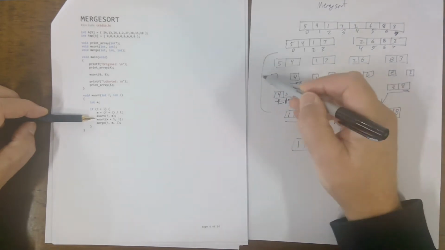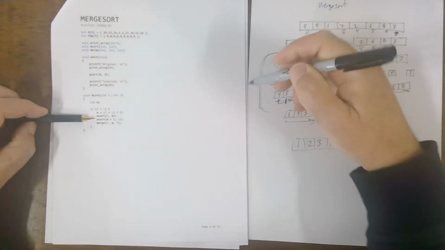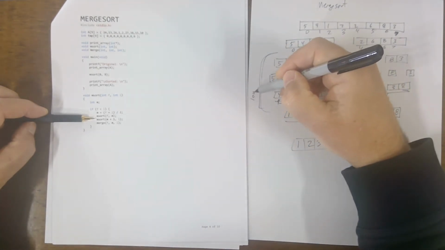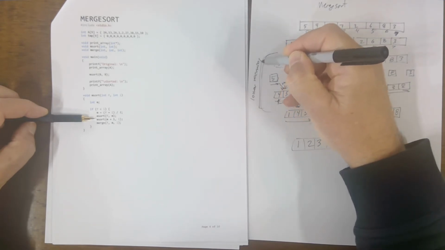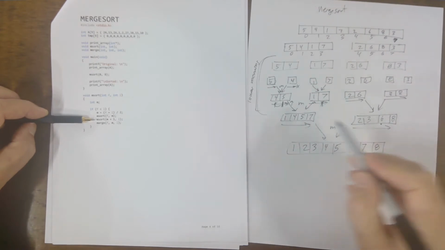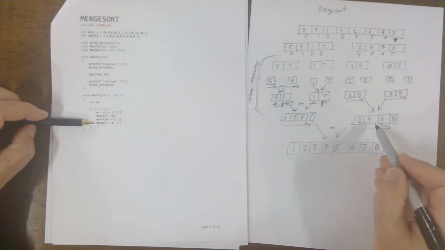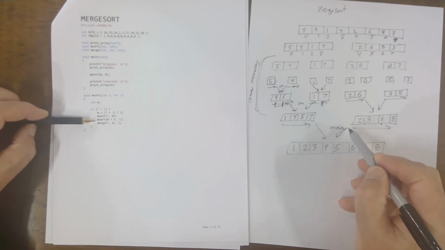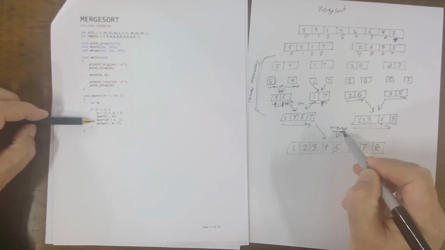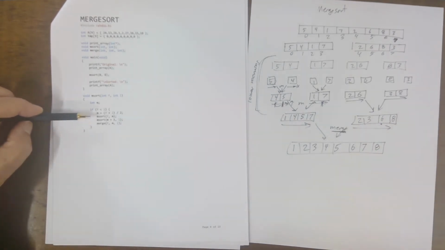So when you come back to this instance of merge sort, these 2 subarrays are sorted. You see, this all happens in the lower recurses. So now we've got a sorted subarray and a sorted subarray to merge. So this merge here is this merge here at this level. But it's recursive.